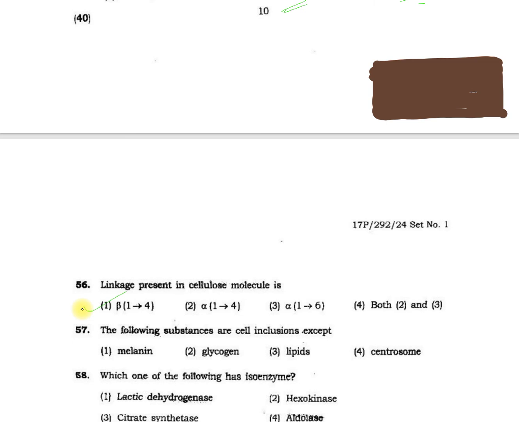The following substances are cell inclusions except 1. myelin, 2. glycogen, 3. lipids, and 4. the centrosome. So here the correct option is option 4, centrosome. Inclusion bodies have excess nutrients in the form of food reserves which can be utilized when required or under unfavorable conditions.